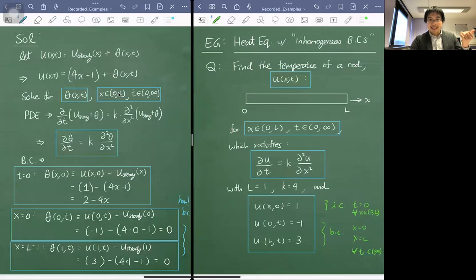The domain remains the same. The PDE remains exactly the same, which is interesting. Of course, it's tailor-made, but yeah. But now, instead of having inhomogeneous boundary conditions for the space-like variable, we now have homogeneous boundary conditions for the space-like variable.